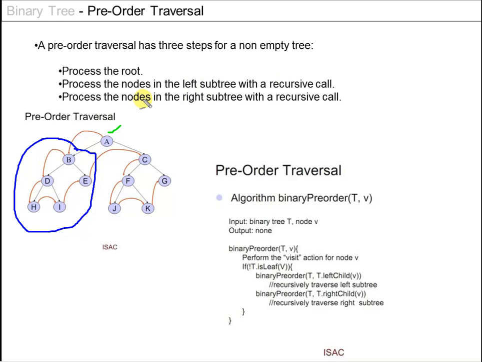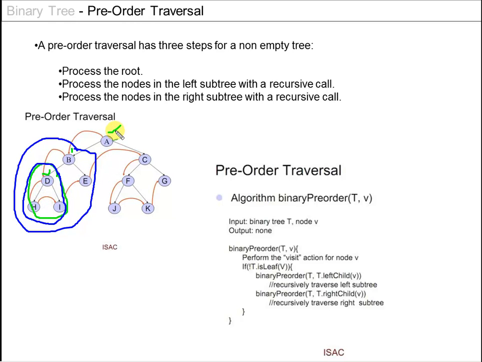So again it will come here and process the root of this one, and it will start with B. And when it does B, what will it do? Again process the left subtree, this one, in this subtree. Again here it will start with D.